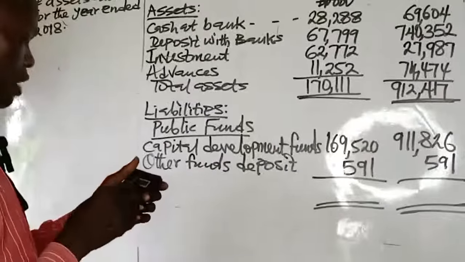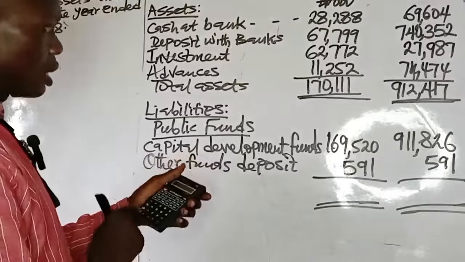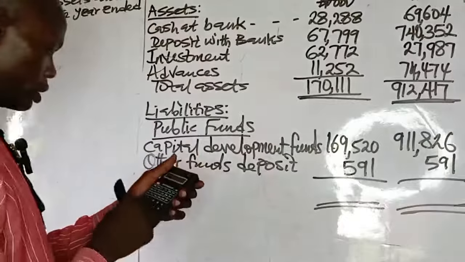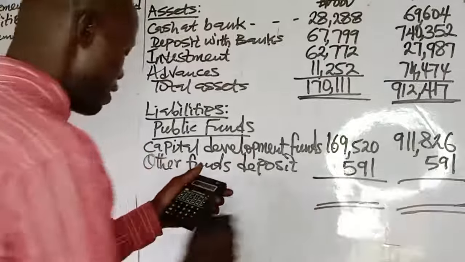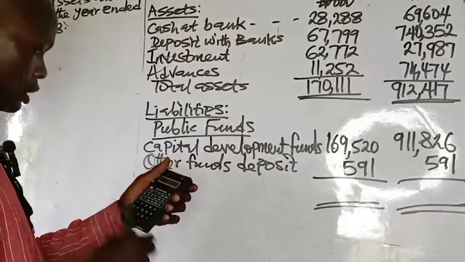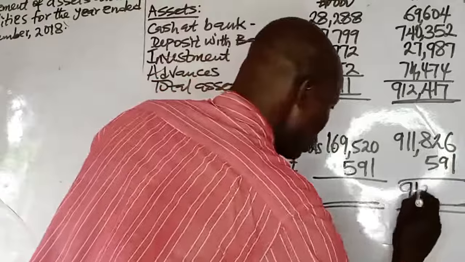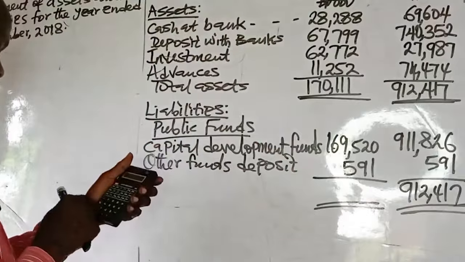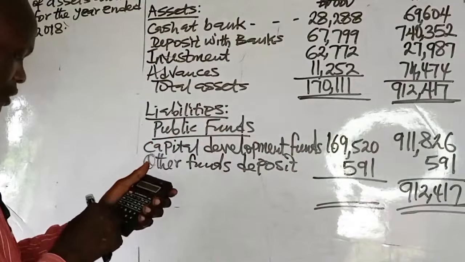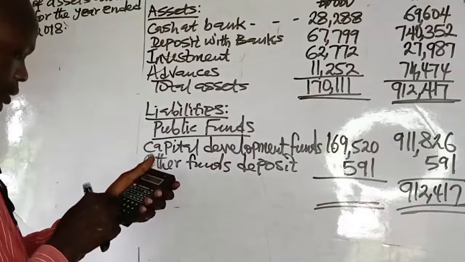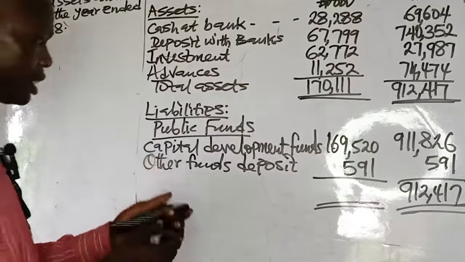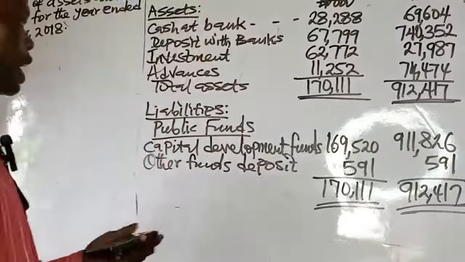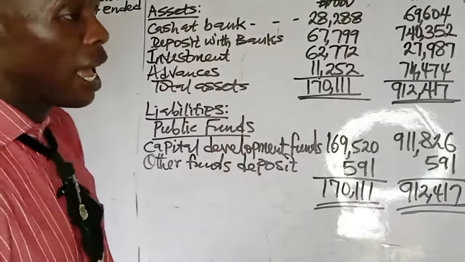So 911,826 plus 591. Then you have 912,417. 2017, 169,520 plus 591. That is 170,111. The total liabilities agree with the total assets.